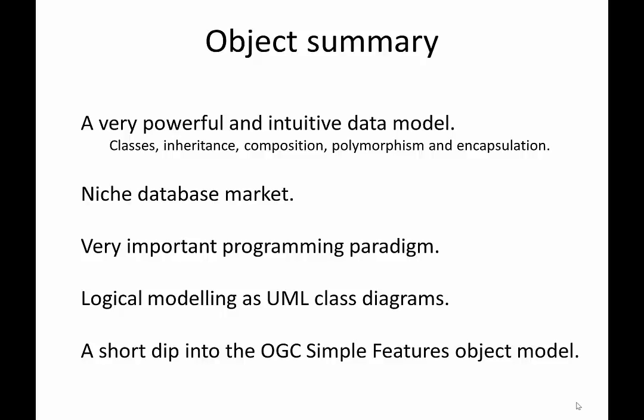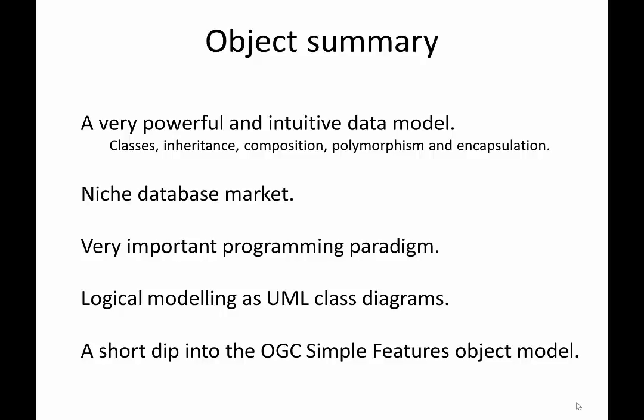It is a really important approach to programming, and we'll see that in more detail next year. You organize your code into objects. It's a very powerful way of supporting programming. We've seen logical modeling as UML class diagrams, the basics of it.